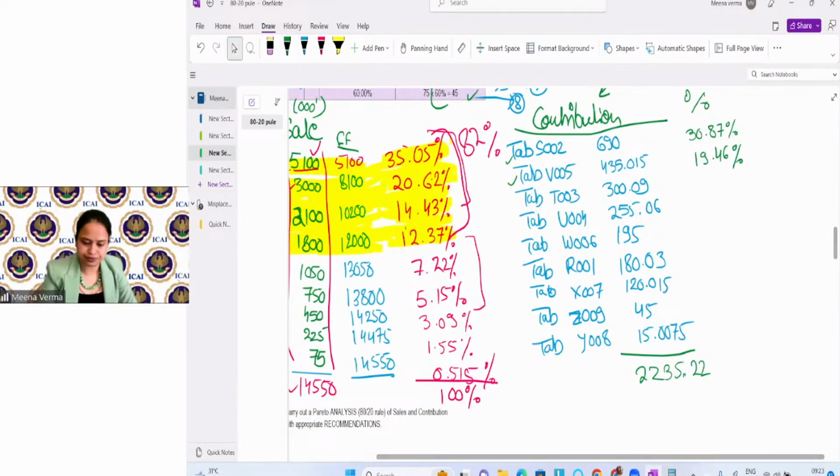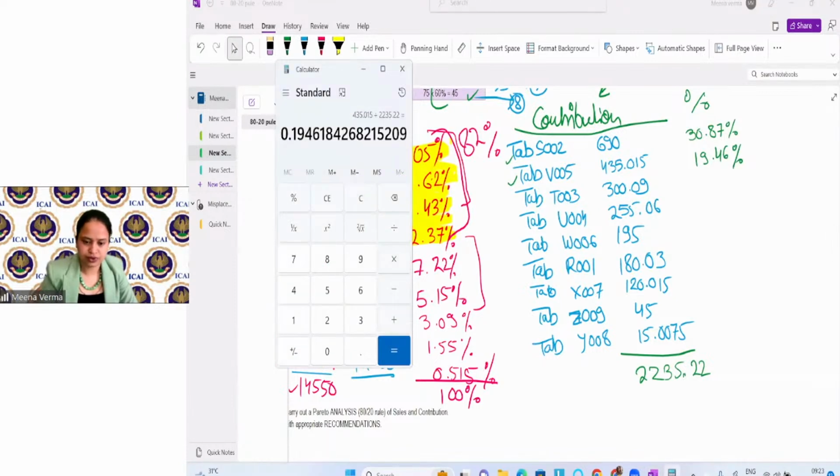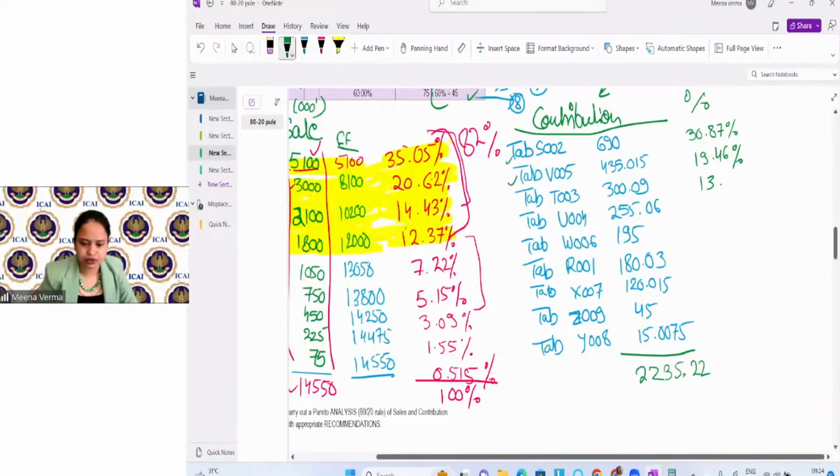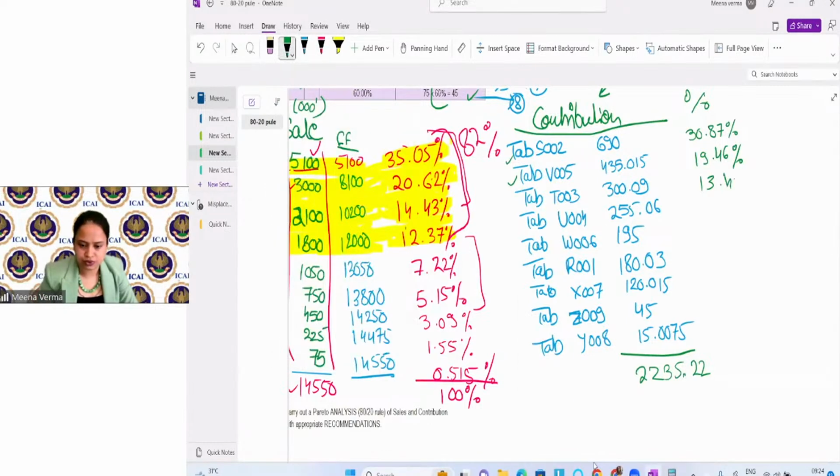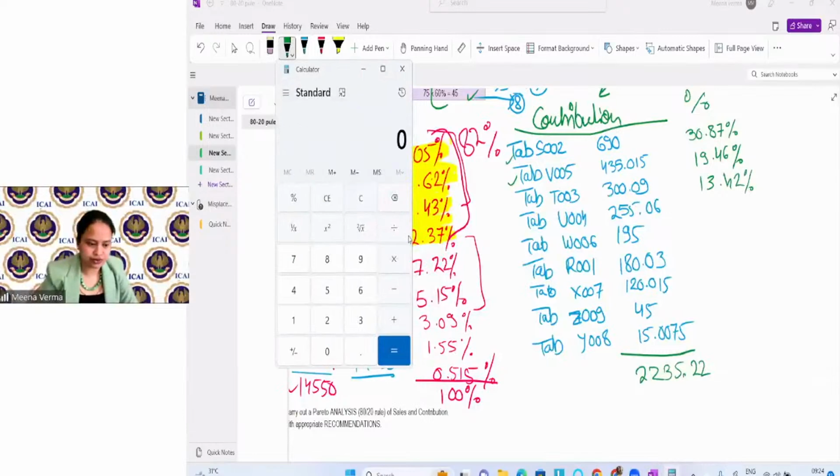Third value, 300 divided by 2235.22, 13.42%. All right, next, 255.06 divided by 2235.22.